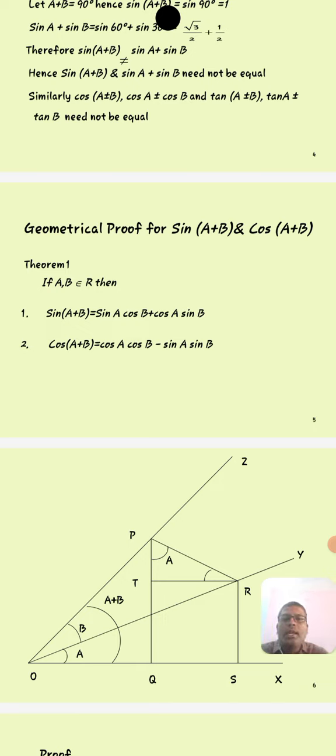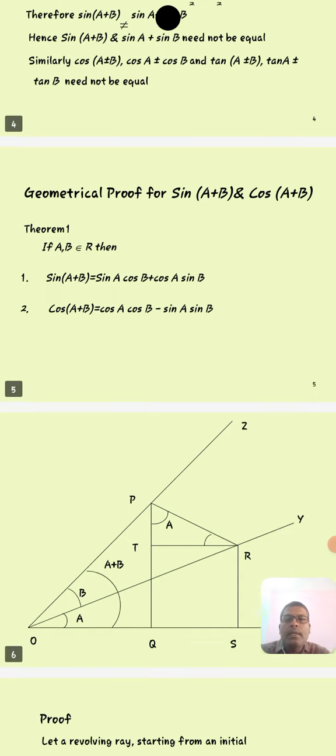Cos A cos B minus sin A sin B. These are very important formulas. Sin of A plus B is equal to sin A cos B plus cos A sin B. Cos of A plus B is equal to cos A cos B minus sin A sin B.